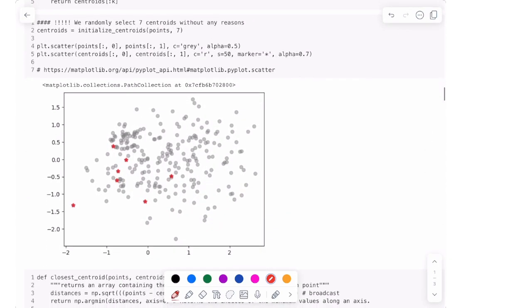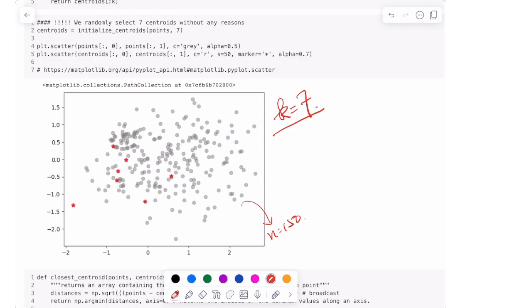So take a look. That is step number 1. For example, if we would like to cluster those data points into 7 different clusters. I think we have 150 data points in this plane.